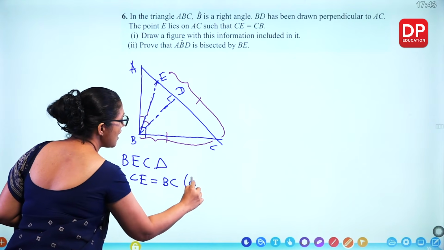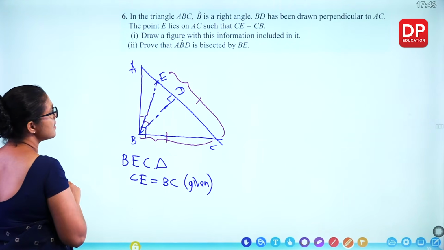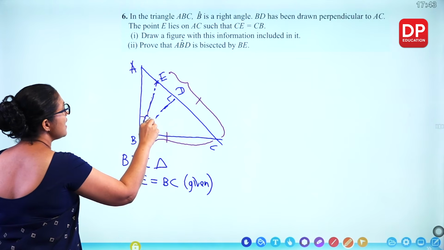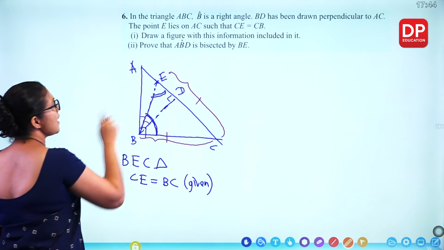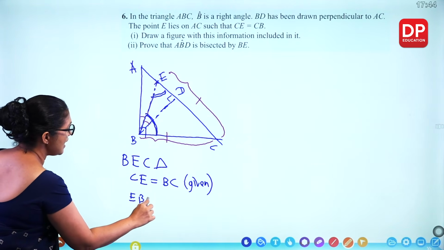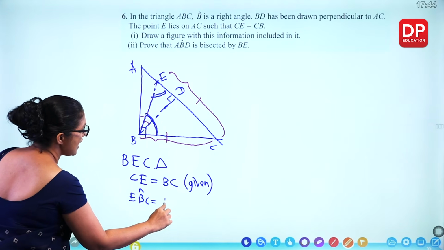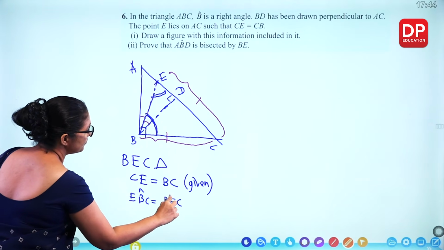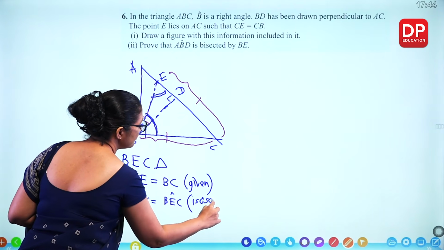So if these are equal, what can you say about these two angles? So I can say this angle is equal to this angle. So I can write CBE angle is the same as BEC angle. Why? Because of isosceles triangle.